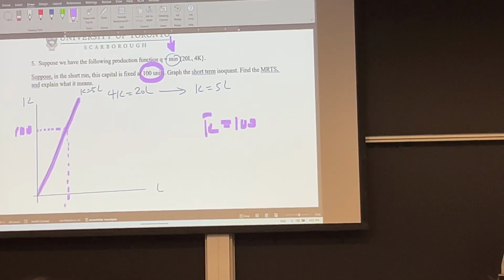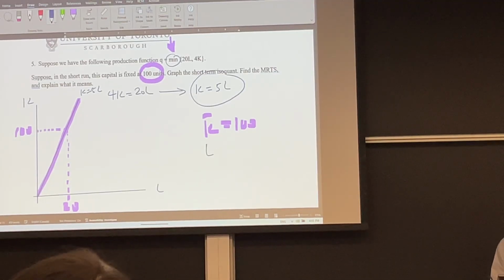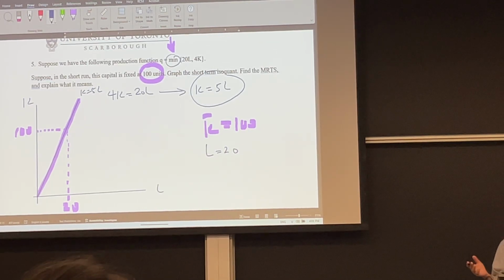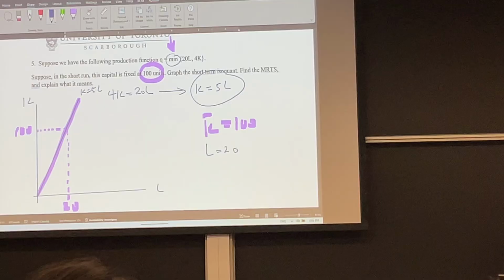How many labor? 20 labor. That's what this says. Make sense? If the company fixes the capital, they will be forced to hire 20 labor. If they hire more, that's useless. If they hire less, they have too much capital. So either way, it will be inefficient.